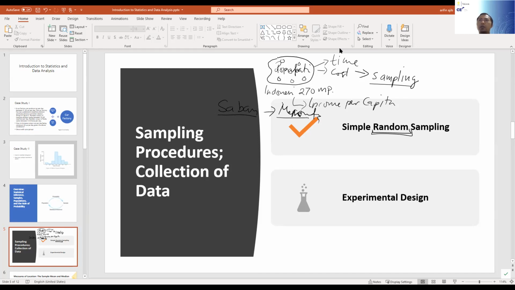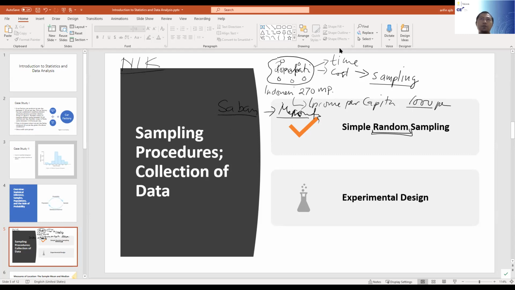Maybe we want to sample 100, yeah, 1,000 people. We should pick up, for example, based on the NIK. NIK is nomor induk kependudukan, citizen number.